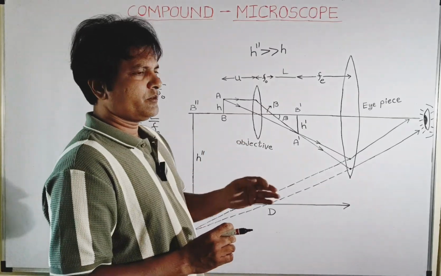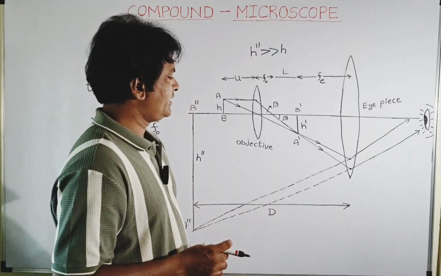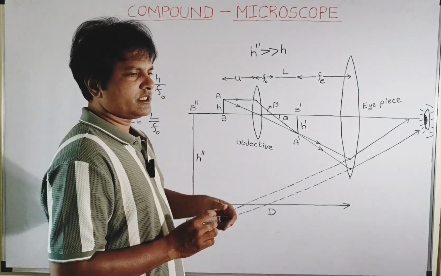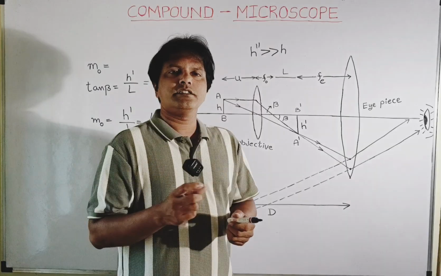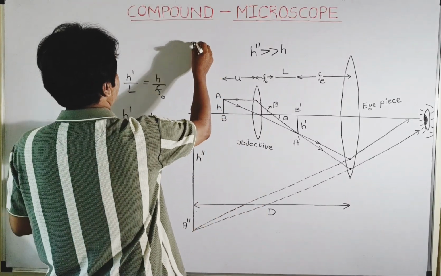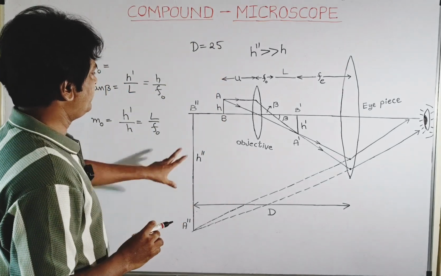We call the near point distance from this lens capital D, the least distance of distinct vision, which for a healthy human eye is 25 centimeters.